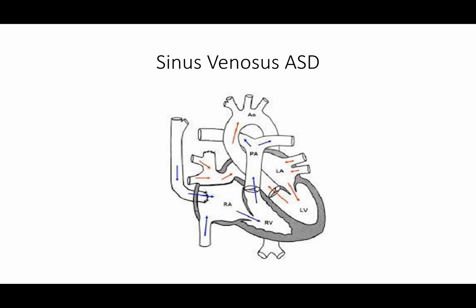In the superior vena cava type, the right upper pulmonary vein enters the right atrium next to the SVC. So it leads to volume overload on this side. And sometimes you can miss it on a transthoracic echocardiogram. In the inferior type, the vein enters close to the IVC.